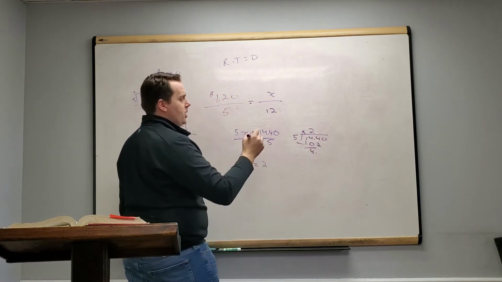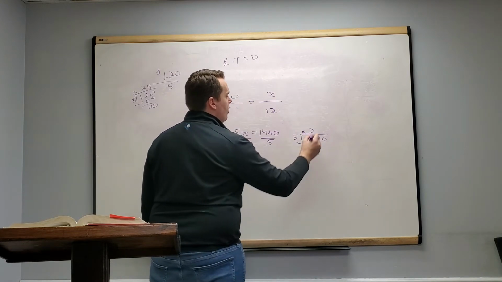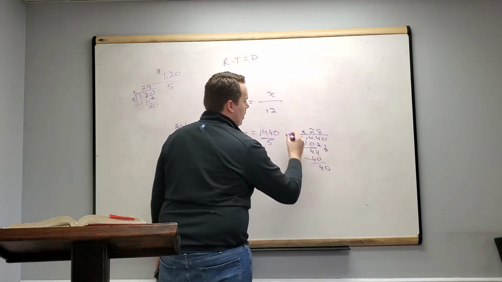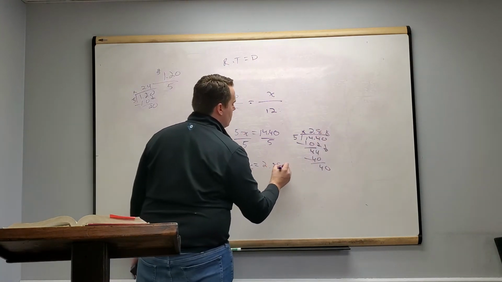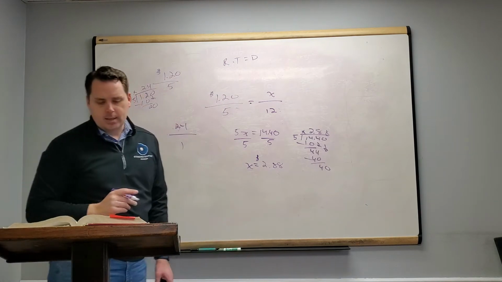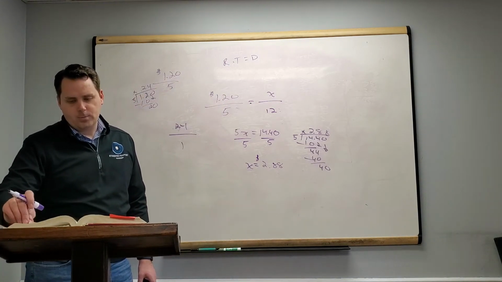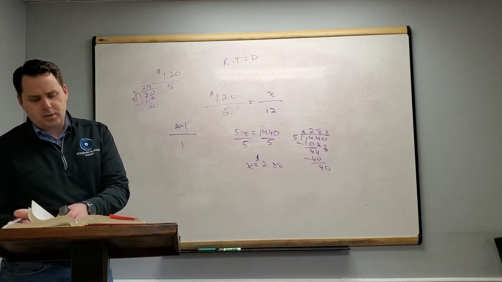Don't forget, bring your decimal straight up. All right, so now I've got 5 goes into 44 8 times. 40, drop down the 4. 5 goes into 40 8 times. Okay, so $2.88 is the answer that the book has and the answer that I have. Okay? All right. Let's move on to our practice problems.